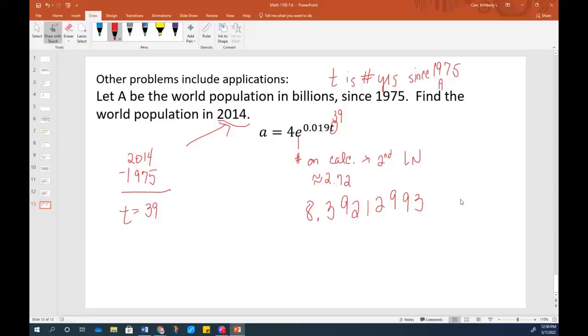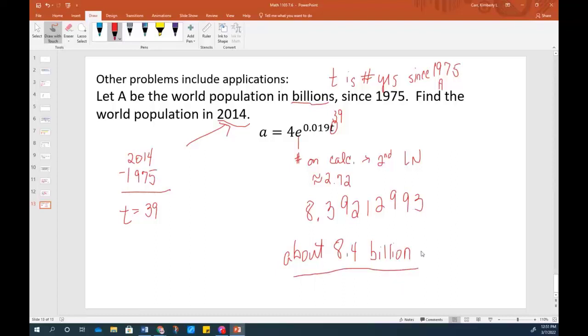But here's the thing, this is in billions. It says so right up at the beginning. So you're going to have to read the instructions carefully, and it's going to tell you what to round it to. But we're going to take this to 1 decimal, and we're going to say about 8.4. But then expect to have to choose the right label. So this is about 8.4 billion.